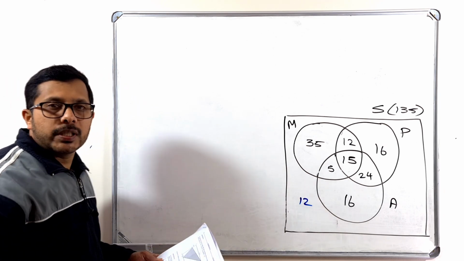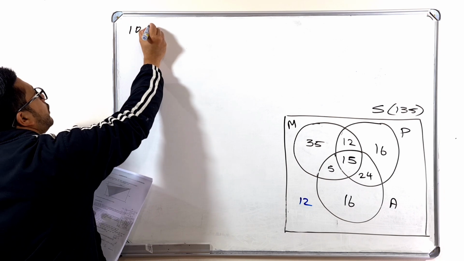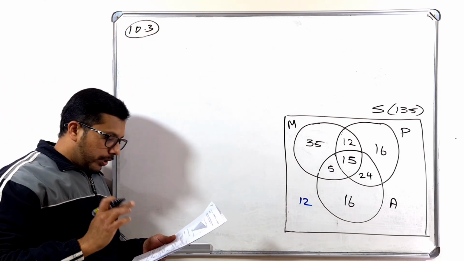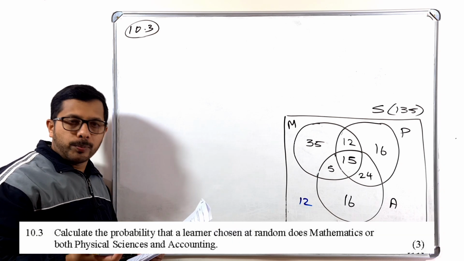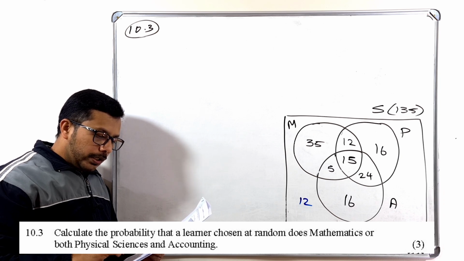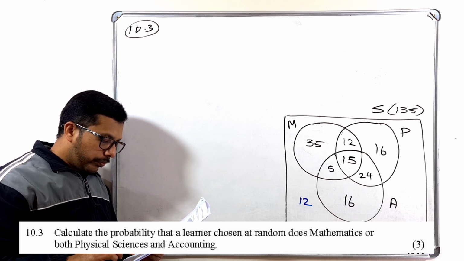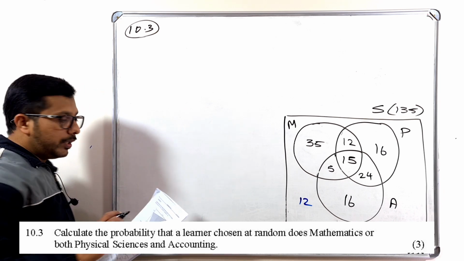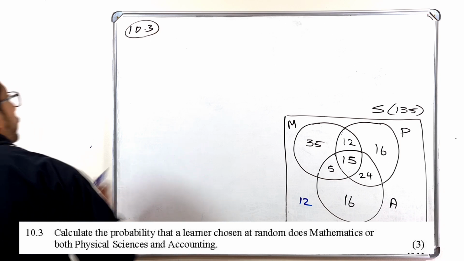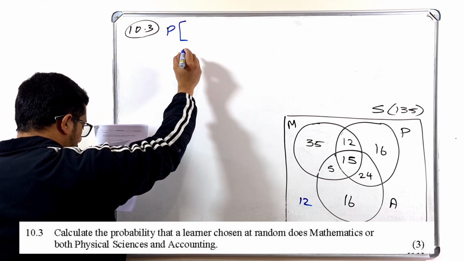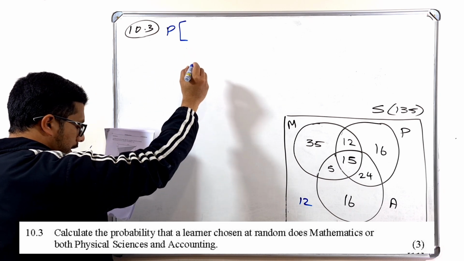Question number 10.3. What is question number 10.3? Calculate the probability that, so in this question you have to find the probability that a learner chosen at random does mathematics or physical science and accounting. What do you want to find, guys? You have to find the probability of a learner chosen at random. Please look at that question.